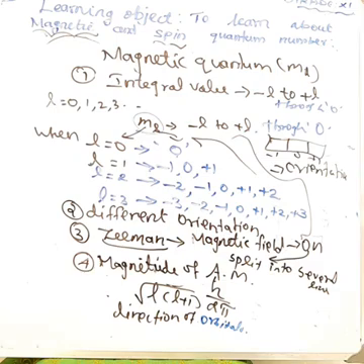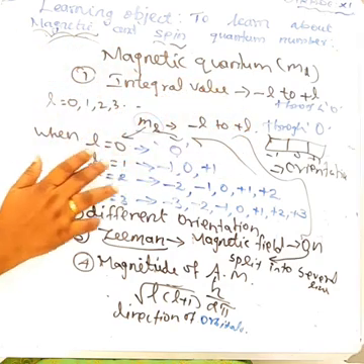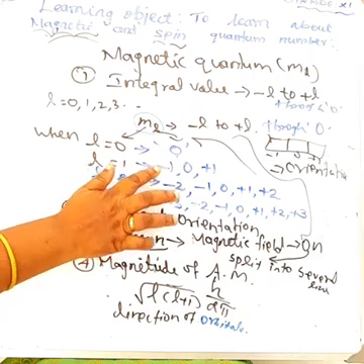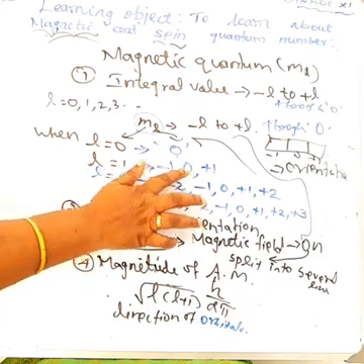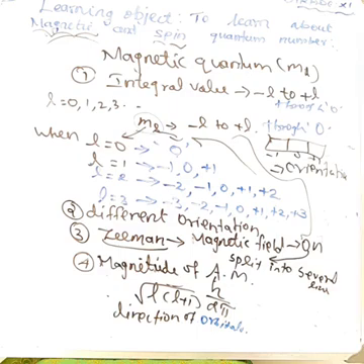It is denoted by the letter ml. It takes integral values ranging from minus L to plus L through 0. If L is equal to 1, then ml is equal to -1, 0 and plus 1. So different values of ml for a given L value represent different orientations of orbital in space.